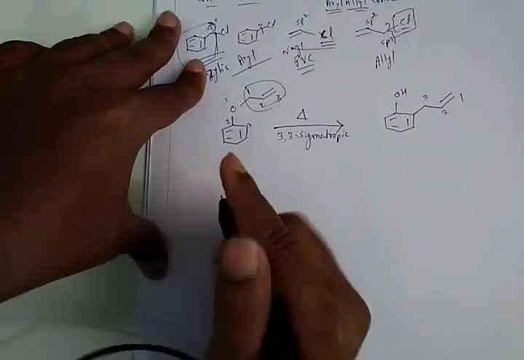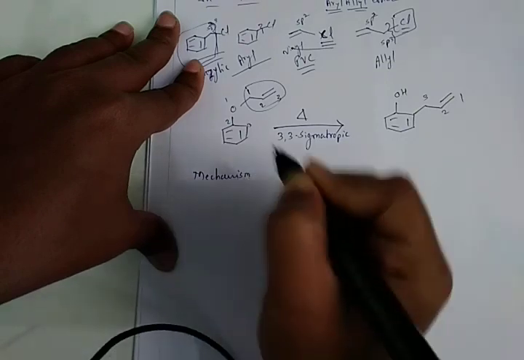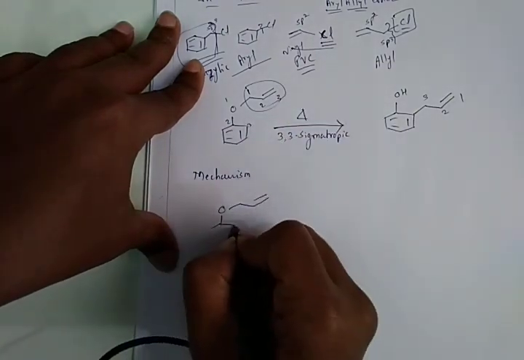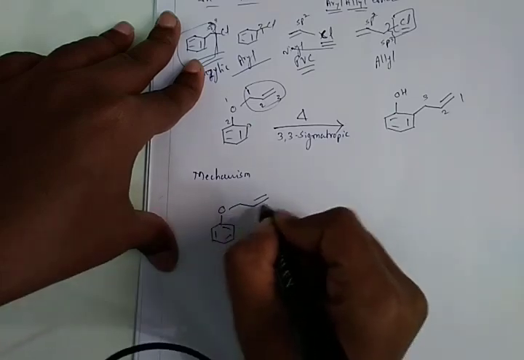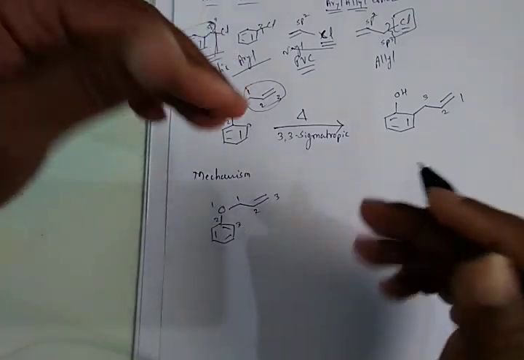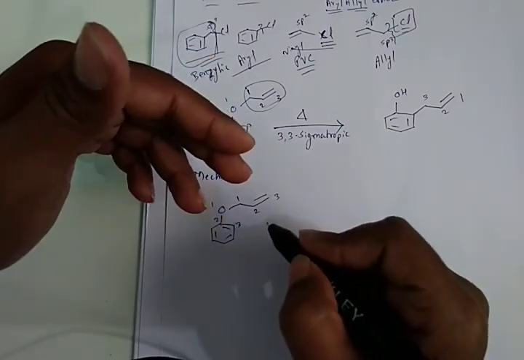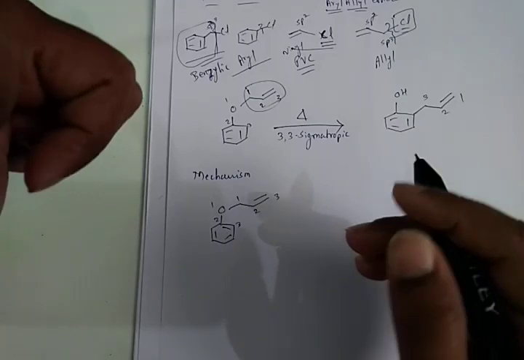So let's go for the mechanism. Here you have the system of 3 and 3, 1 2 3 and 1 2 3, and the new bond is getting formed between the third carbon and the third carbon, hence the reaction is known as 3-3 sigmatropic shift rearrangement.